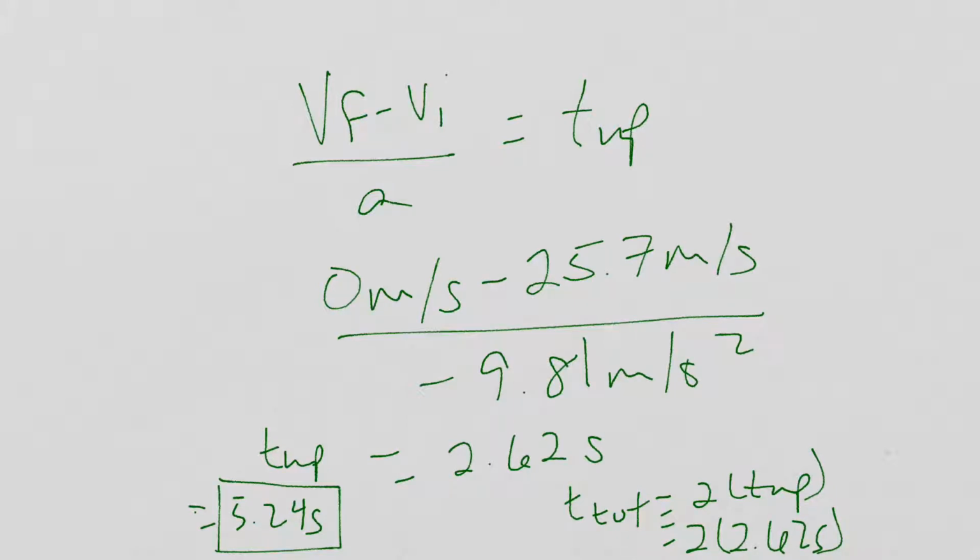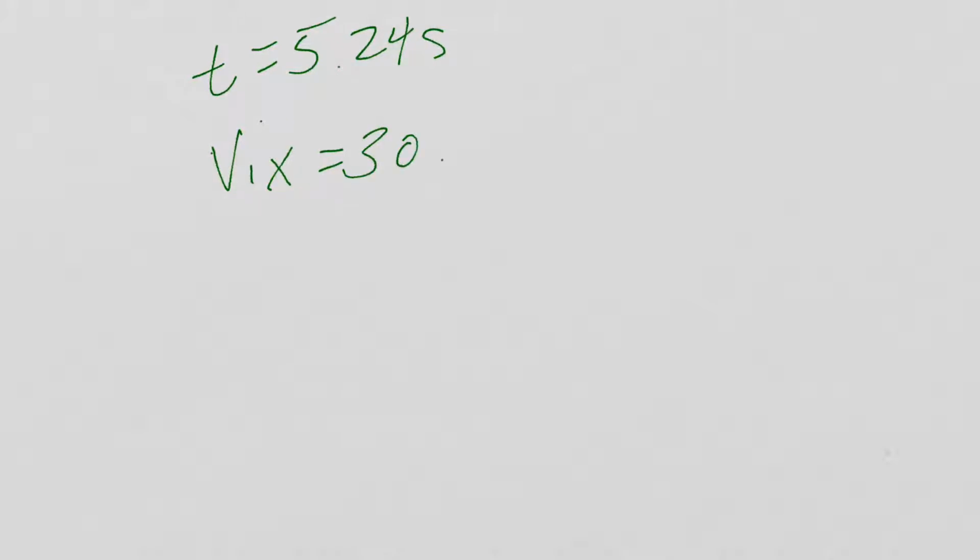Now, the actual question asked for the horizontal distance. So we wanted to know the total distance in the x direction. So we had a v initial in the x direction of 30.6 meters per second, and the distance was what we were looking for, and we have the time now.